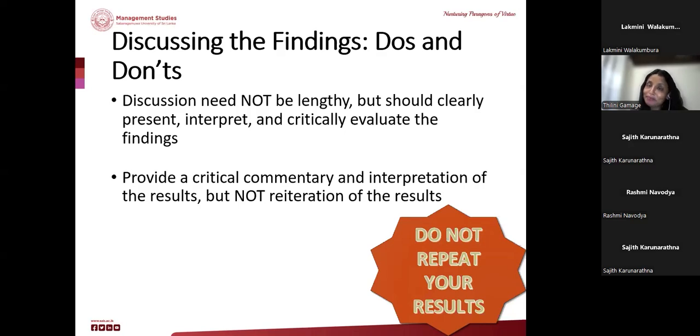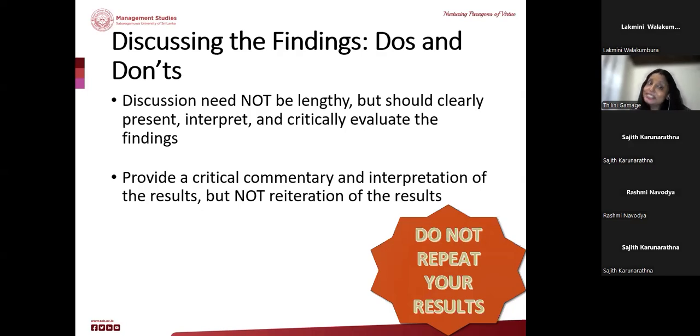This is simply based on my experience, and I have seen that most research students who do good research still find it difficult when it comes to interpreting their findings and how their findings contribute to new knowledge and generate rich insights. They're not in a position to clearly communicate. So by using my experience, I will discuss what you should do and what you should not do when you're discussing the findings.